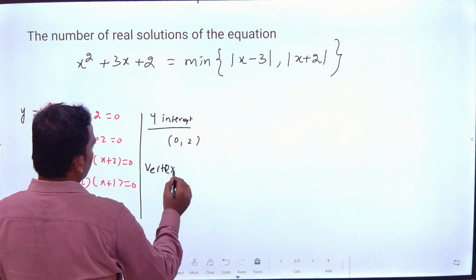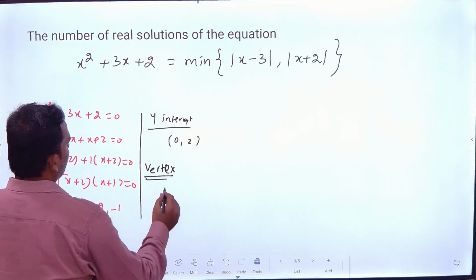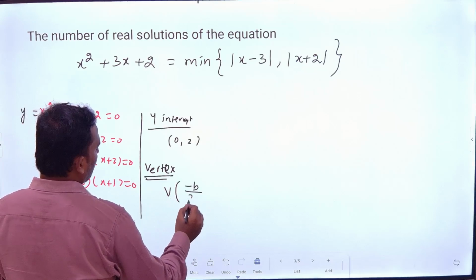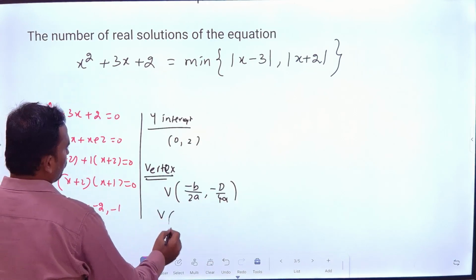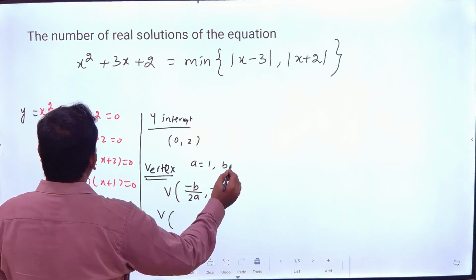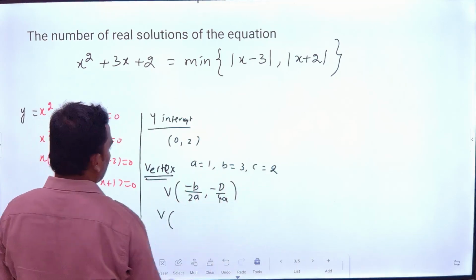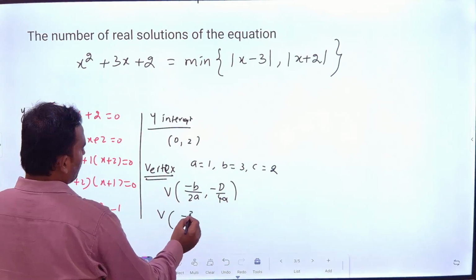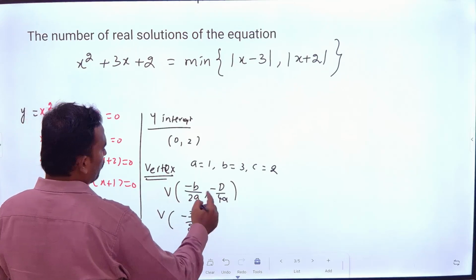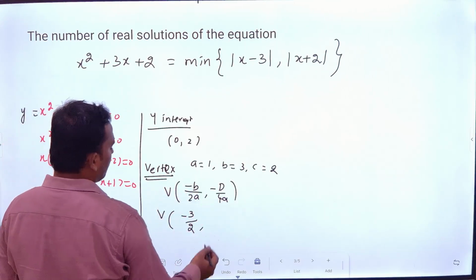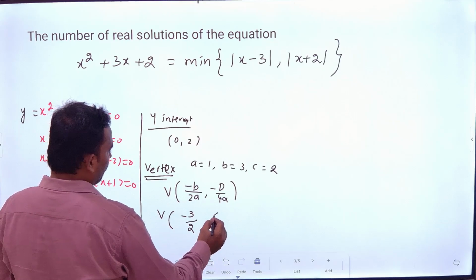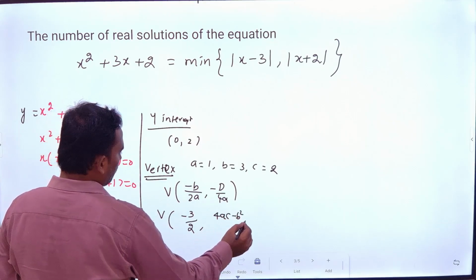Then how to find the vertex? You know the vertex formula: minus b by 2a, minus d by 4a. Here a is 1, b is 3, c is 2. So minus b by 2a is minus 3 by 2. Then minus d, where d is b square minus 4ac; multiplying the minus inside, it is 4ac minus b square by 4a.